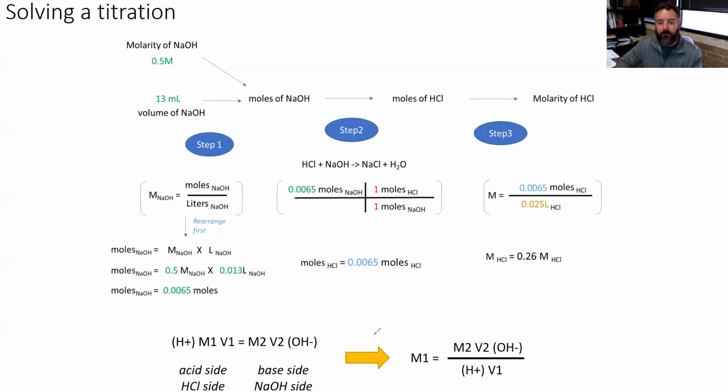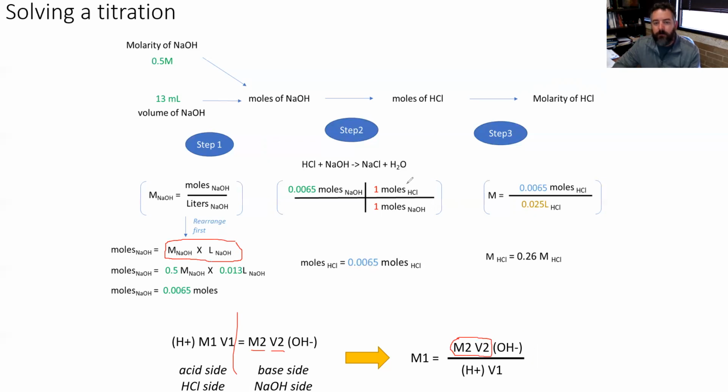And if you look where this arrow is pointing, I've actually rearranged that here. And what I want you to do is look at this equation and then look at our first step. What we did in our first step was multiply molarity times our volume for sodium hydroxide. Well, sodium hydroxide is our second half here, which is M2 and V2. Well, we're actually multiplying M2 and V2 in this equation.